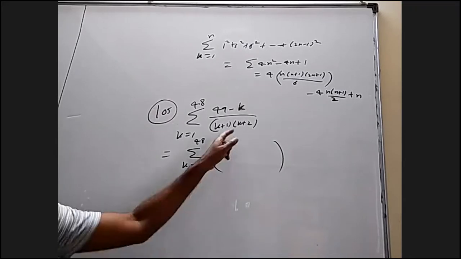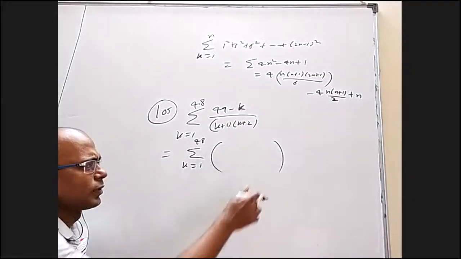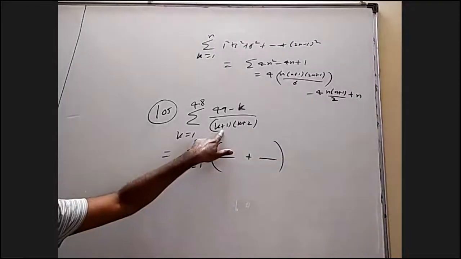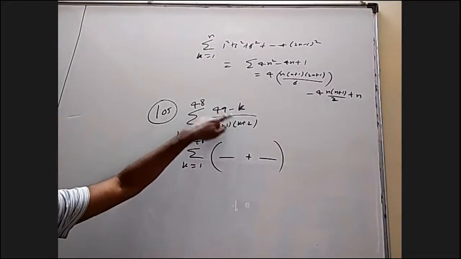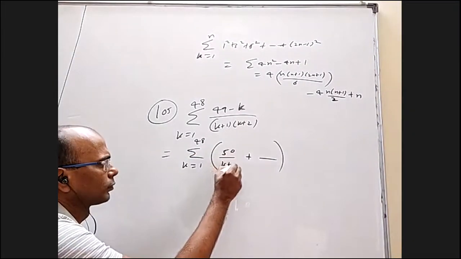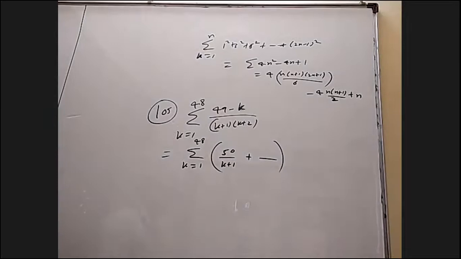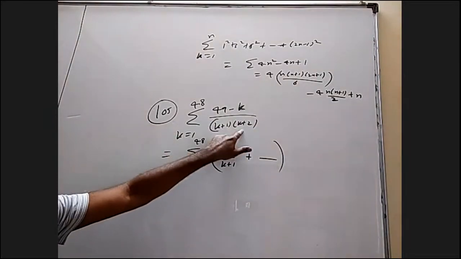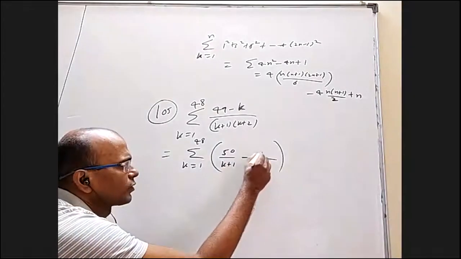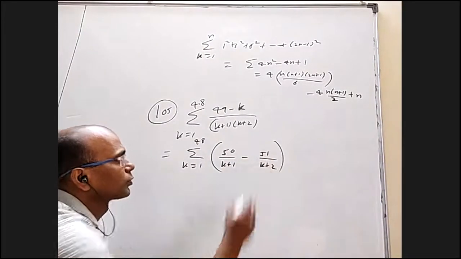Now, if I want to use partial fractions, write a by k plus 1, b by k plus 2. Let me see what those a, b values are. When I put k equal to -1, I'll get 50 by 1. So it is 50 by k plus 1. When I put -2, it is 51 by -1. So minus 51 by k plus 2.